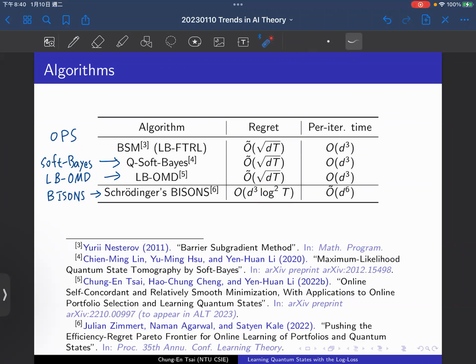However, its per iteration time complexity is D to the 6, which makes the implementation very inefficient, since it needs to compute some Newton steps in its iterations. You can see that the last three algorithms are very new, from 2020, 2022, 2022. And here's an open problem: what is the optimal regret for this problem?